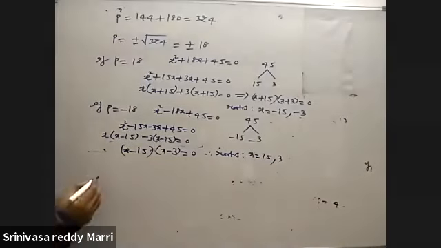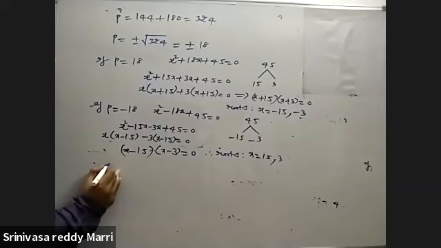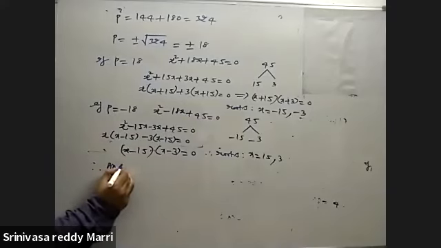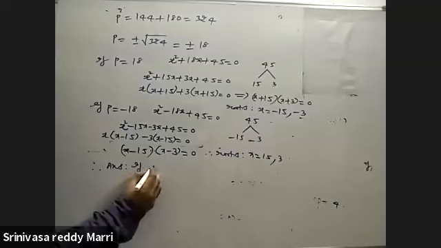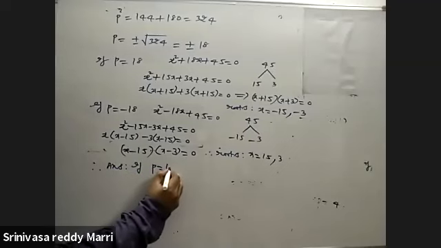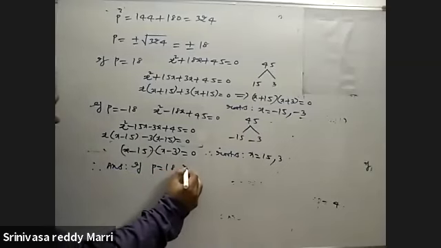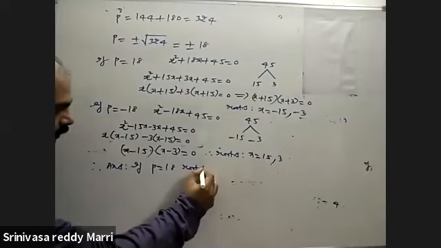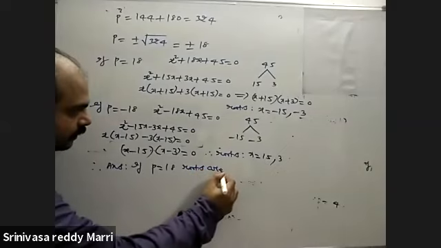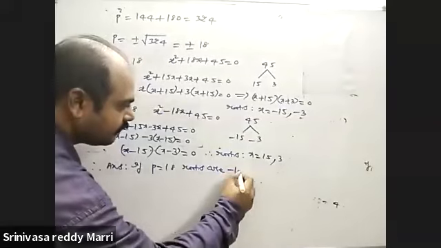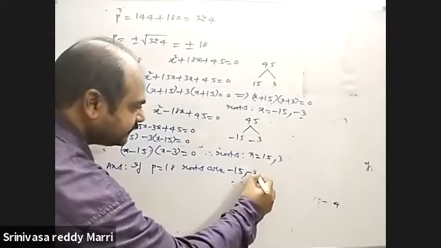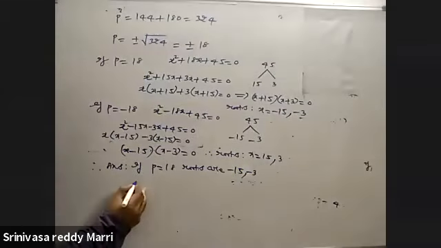So therefore, what is the answer? If you have to write it like this: if p equal to 18, roots are minus 15 comma minus 3.